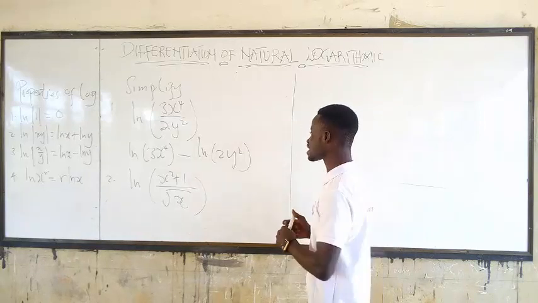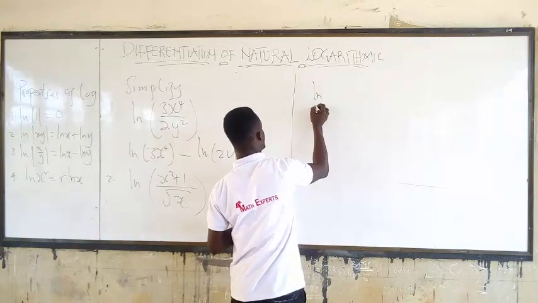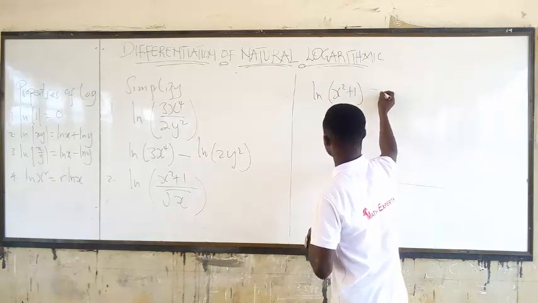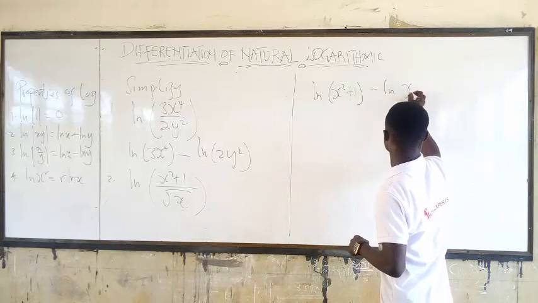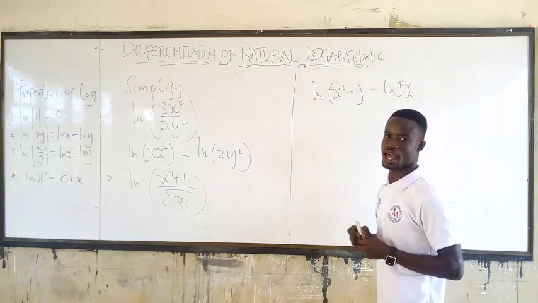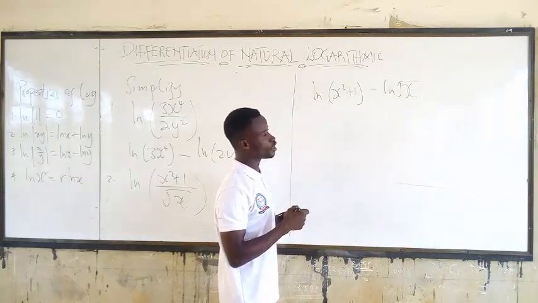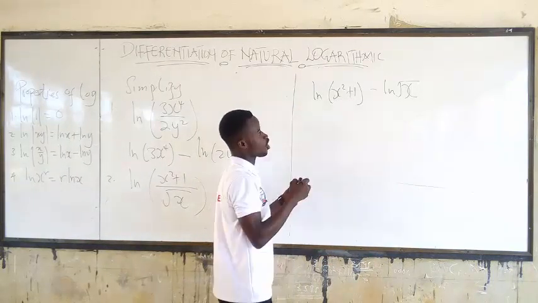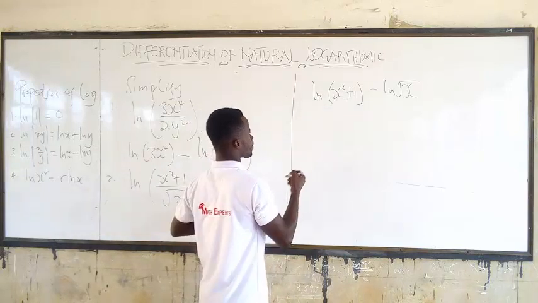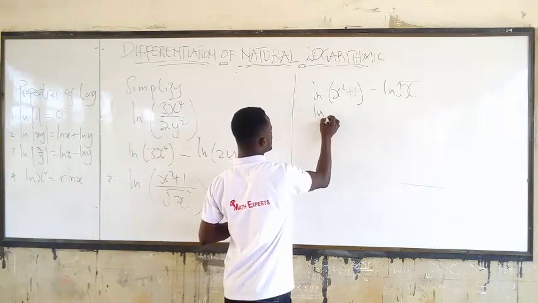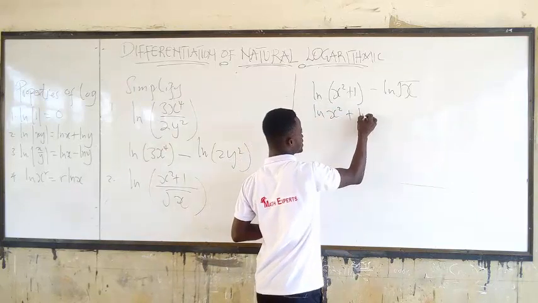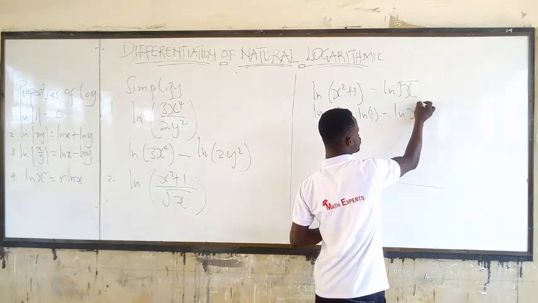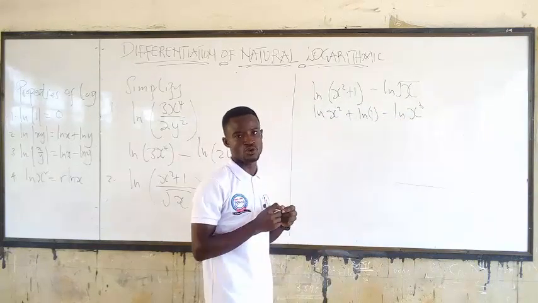So we can get ln of x squared plus 1 minus ln of the square root of x. Then we can rewrite this as ln of x squared plus ln 1 minus ln of x to the power half. That is the root there.